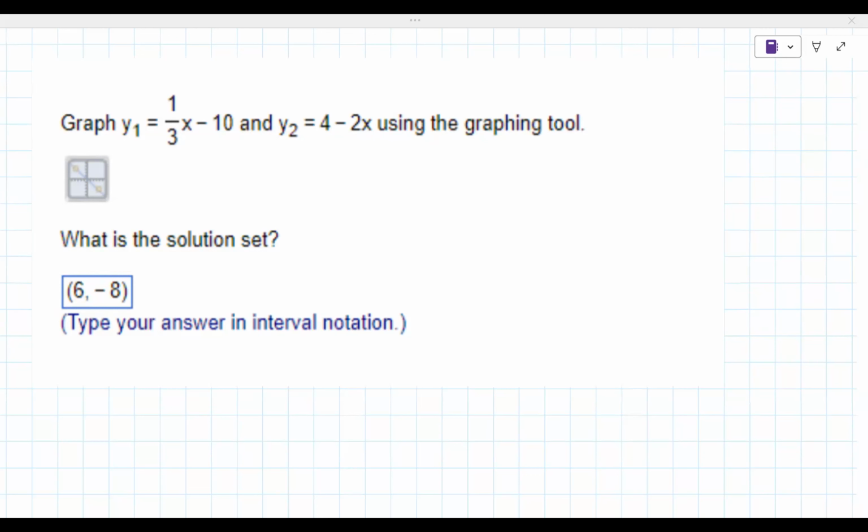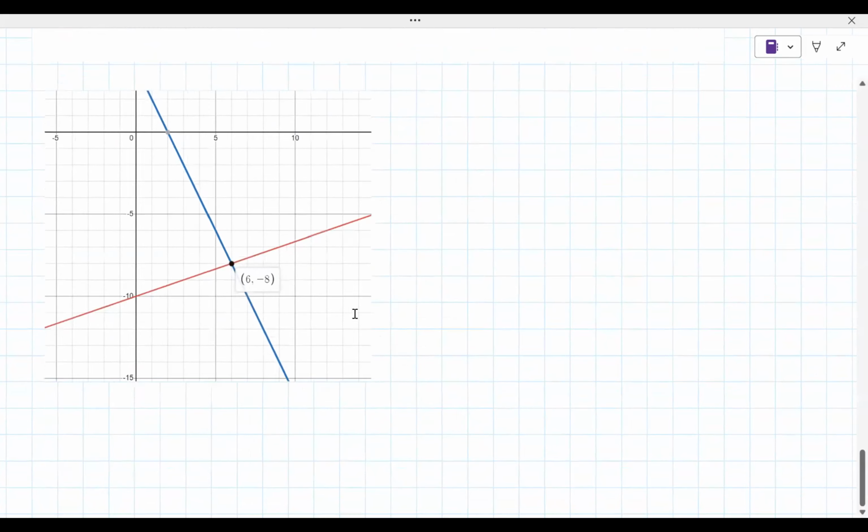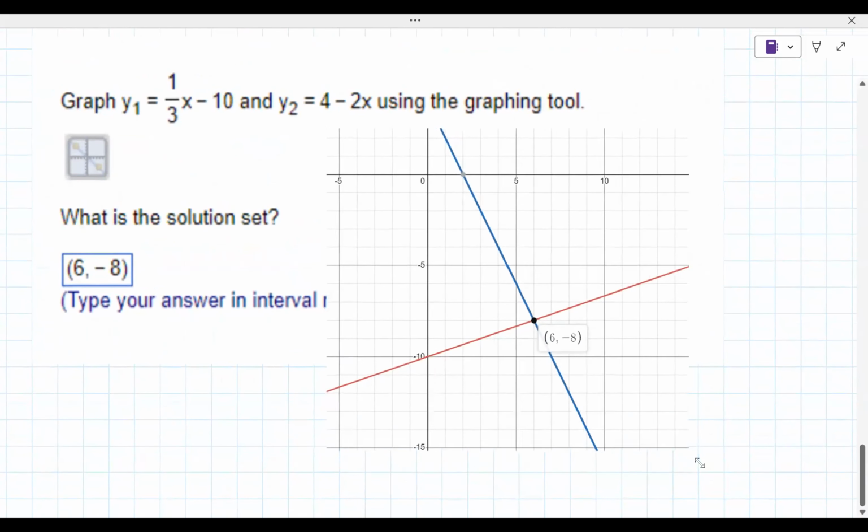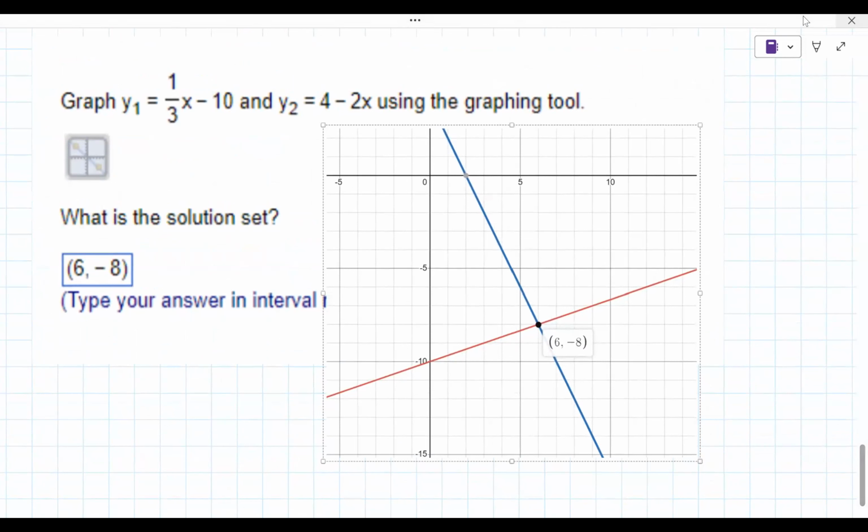You have it correct. This is the intersection point. And I don't know what's wrong. Oh wait, what does interval notation mean? Am I supposed to put it in a certain way? Because it's just an ordered pair, this looks right to me.